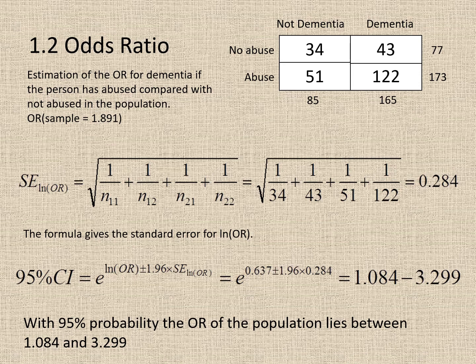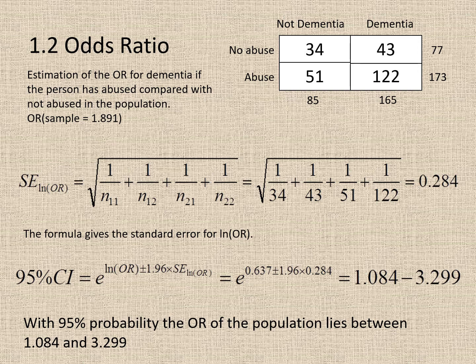What we do is we estimate the probability of getting an odds ratio that differs this much from 1 or more if the odds ratio in the population actually is 1. So if the null hypothesis is correct, the odds ratio in the population is 1.